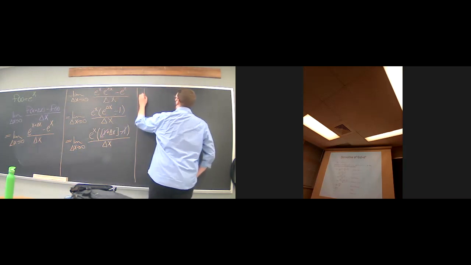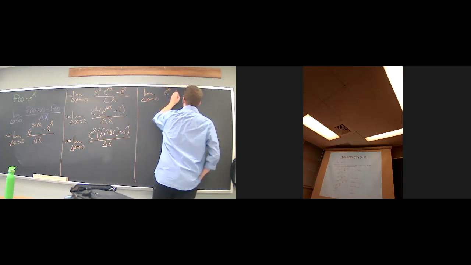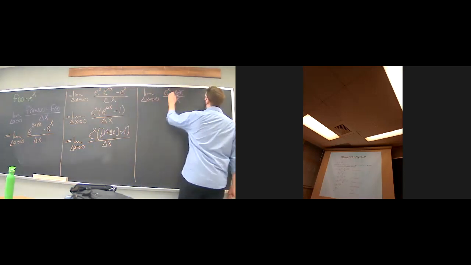We're going to have some cancellations in here, right? This one and this one's going to cancel. So we're going to be left with then the limit as delta x goes to 0 of e to the x times delta x over delta x, where our delta x's are going to cancel.